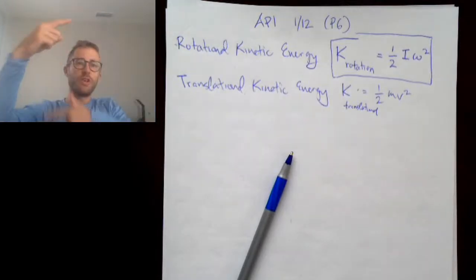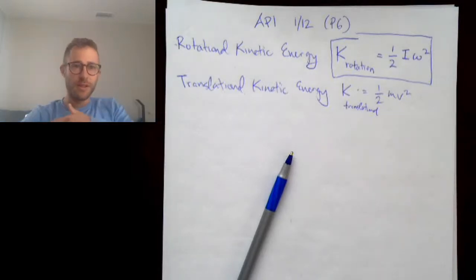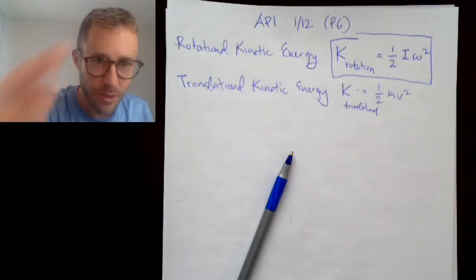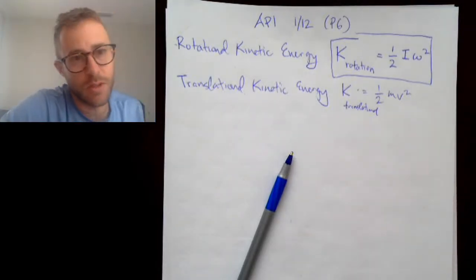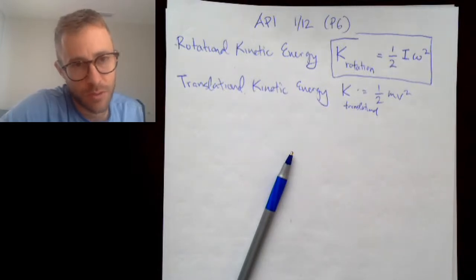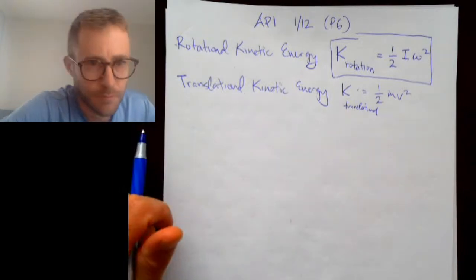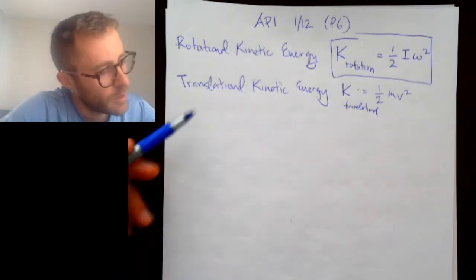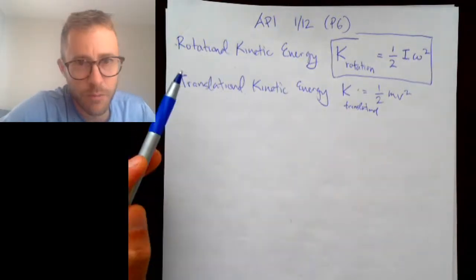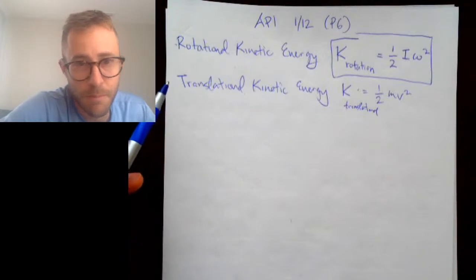Then the rotational kinetic energy of the wind turbine turns into electrical energy, which then powers your house. So you can have one form turn into another form.